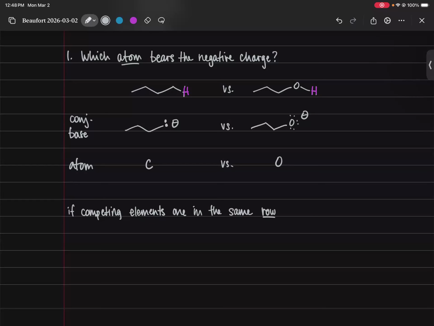Okay, so now we have to figure out which of these is happier with the negative charge. If your two elements are in the same row, the more electronegative atom wins. So let's do our periodic table here.